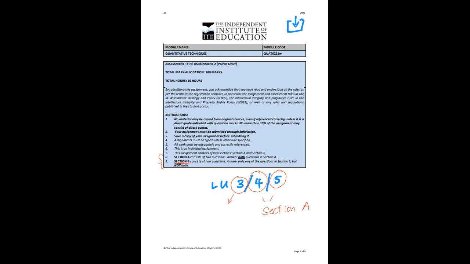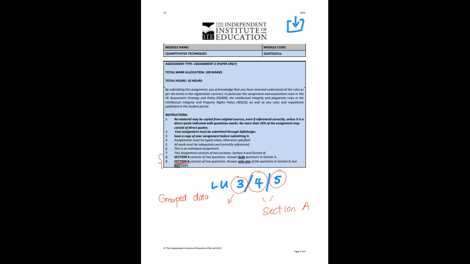I do advise that you read through the questions and look at what you're comfortable with in terms of the learning unit 3 content. Remember, this learning unit is based on your grouped and your ungrouped data. If you feel more comfortable with grouped data, then you only answer the question based on grouped data.